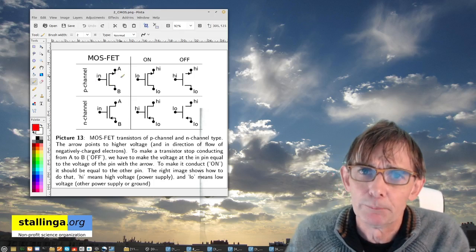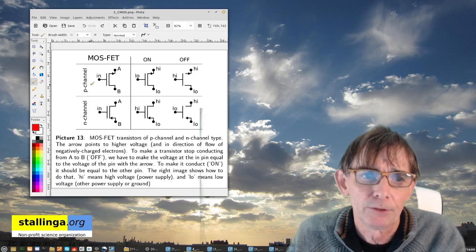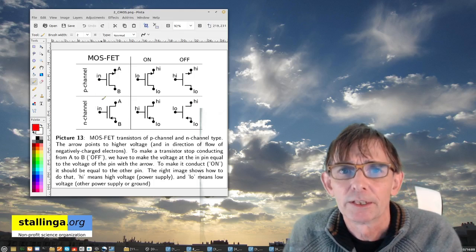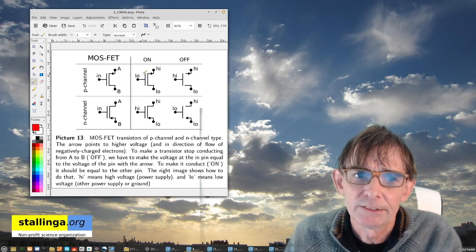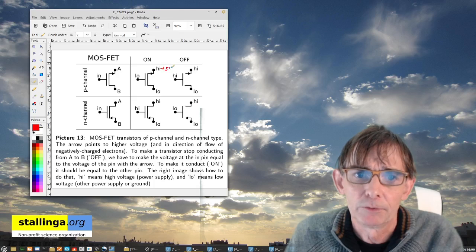So the transistor can be switched on or off, and we have 2 types of transistor. That is P channel, that conducts with holes, and N channel, that conducts with electrons. That you can even immediately forget if you're only into informatics. But for a P channel you supply here a high voltage. Let's say you put here 5 volts, and you maybe put here 0 volts.